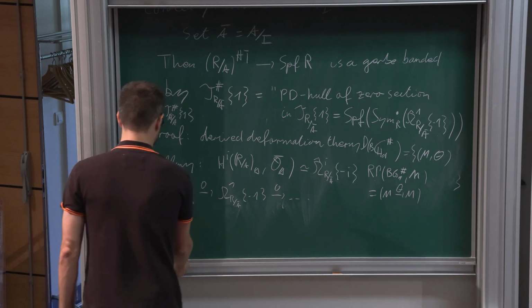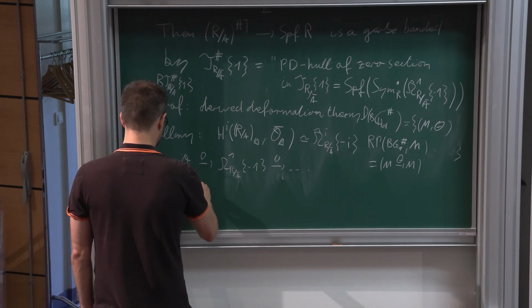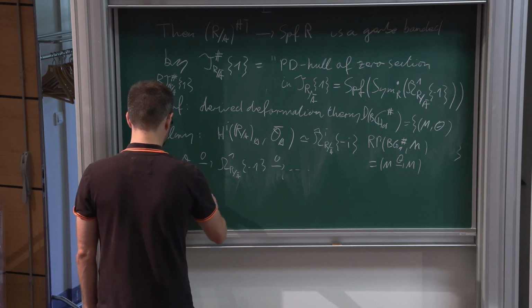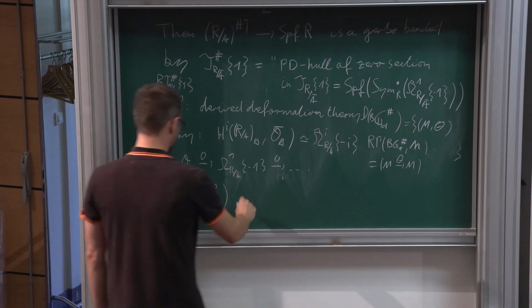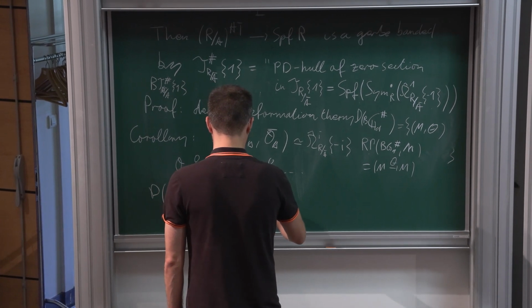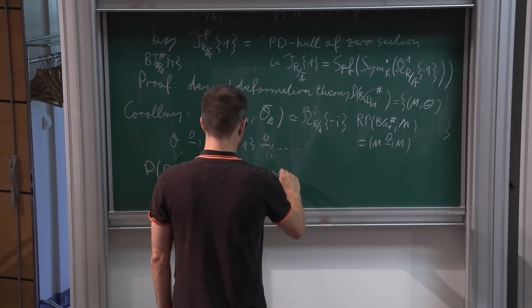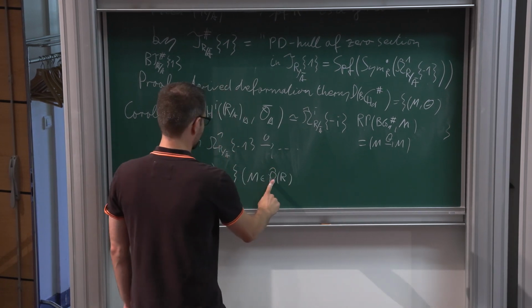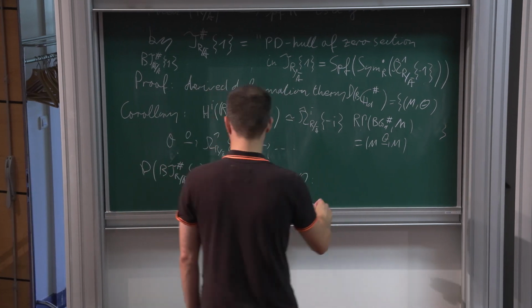I mean, I can maybe, that's interesting to know anyway. So if I consider the derived category of that guy, then this identifies with the following. M is an object in the completed category for R, and theta is now a Higgs field.